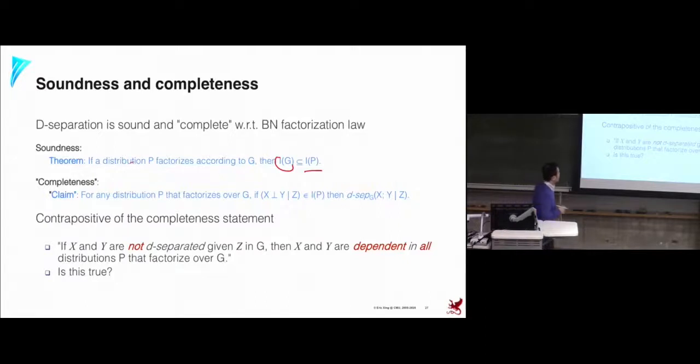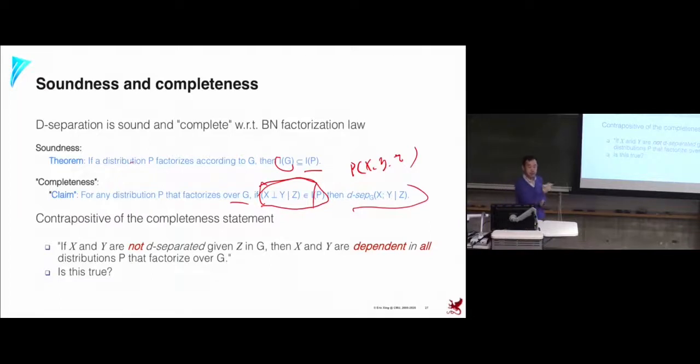The reverse part is unfortunately a little bit problematic. If I have a P which comes out of G using the factorization, and numerically in P I extract this conditional independence, so given a P of X, Y and Z, you can somehow test whether this independence is true or not, just on the numbers. If you test and find that there is an independence like this in P, do you expect to see the d-separation of these three sets in the graph?